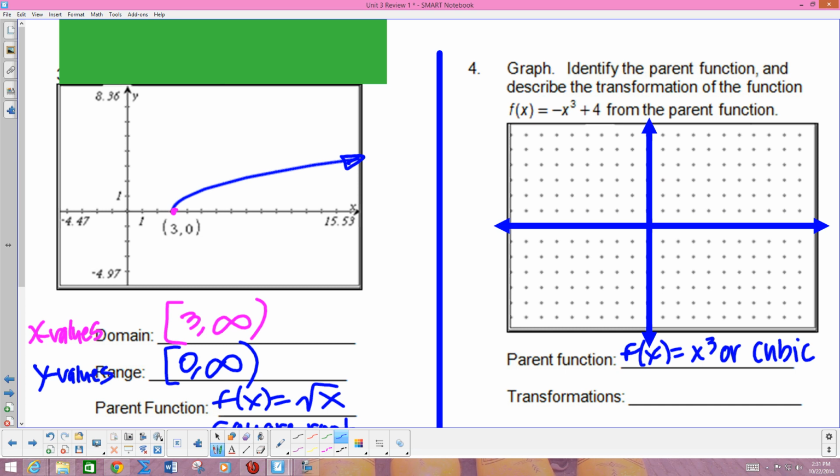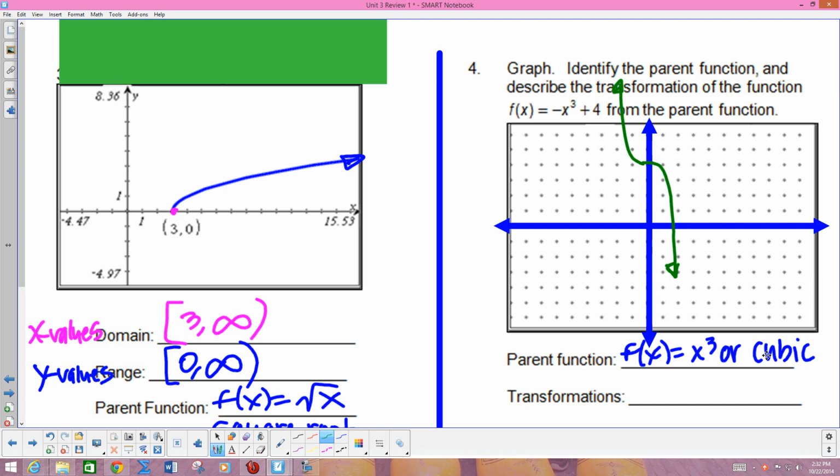And then we want to graph it, and so let's graph what it looks like. It's going to be up 4, 1, 2, 3, 4 on this graph. 1, 2, 3, 4, and it's going to come down, and it's going to go up. So something like this. And so what kind of transformations are happening?